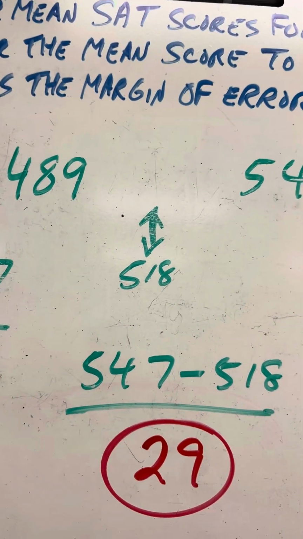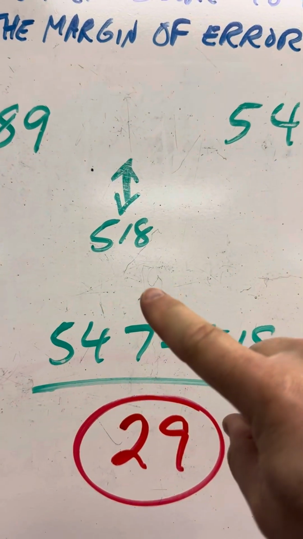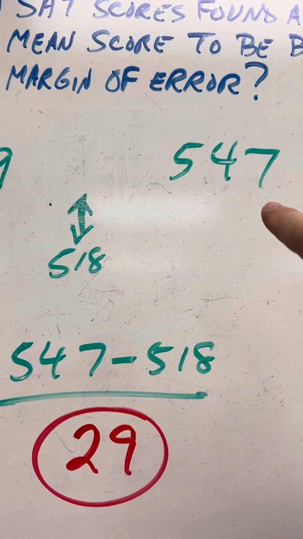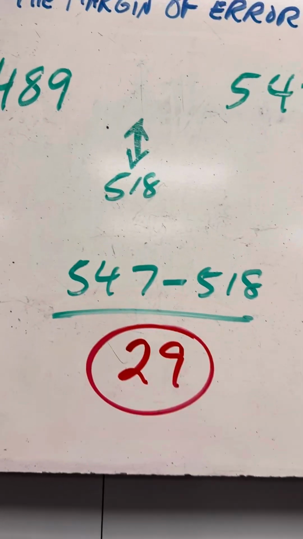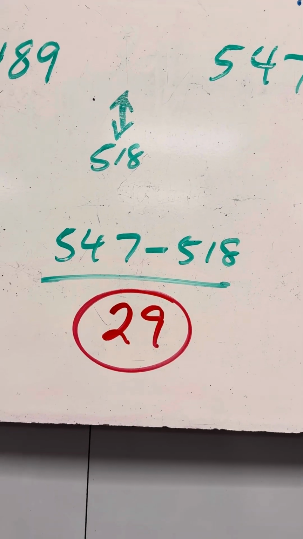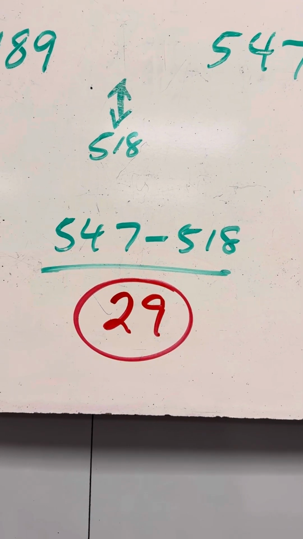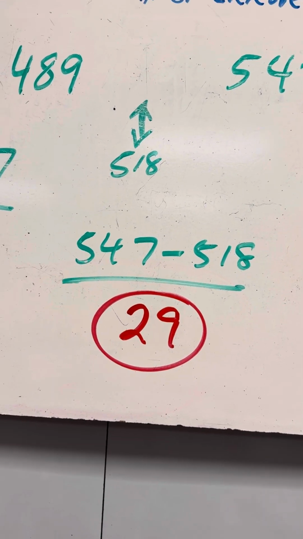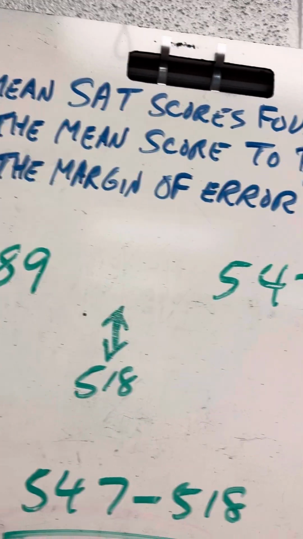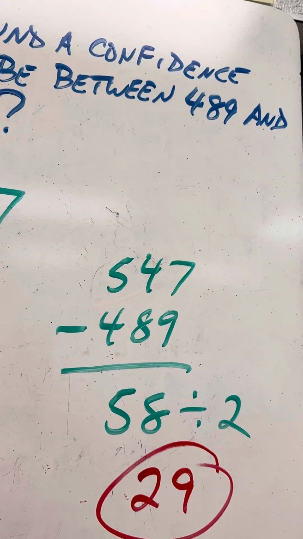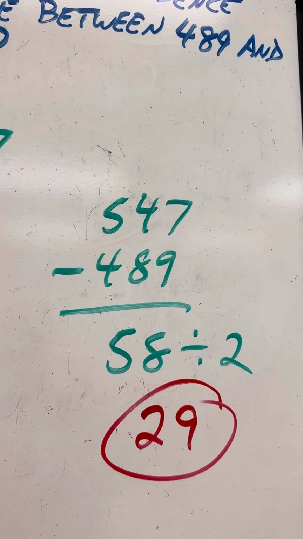That's 29, meaning 518 plus 29 is 547, and 518 minus 29 is 489. That's why the margin of error is 29. But it's probably easier to just say what's 547 minus 489 and then divide by 2.